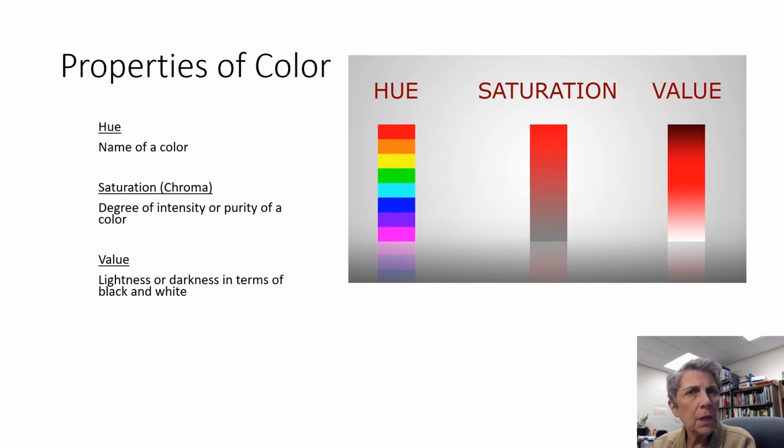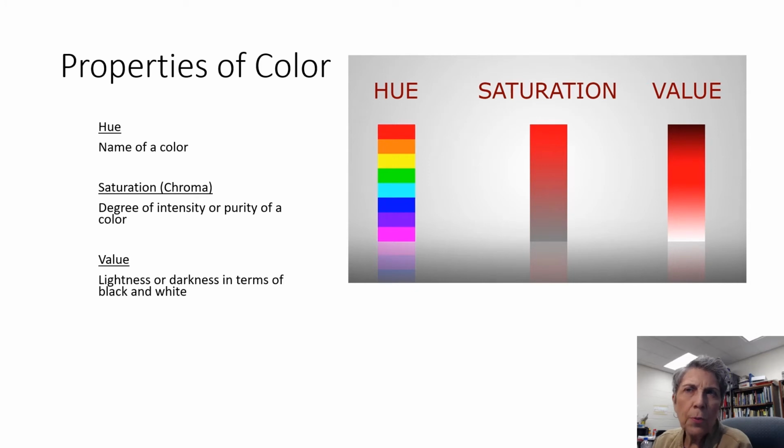If you look at a yellow lemon and you look at a red apple and you make that in your mind black and white, yellow is lighter than red. That's the value in color. So I'm going to show you an example of that as well.